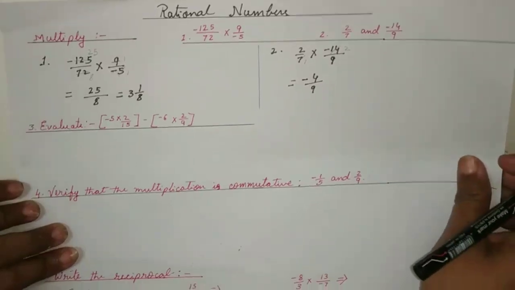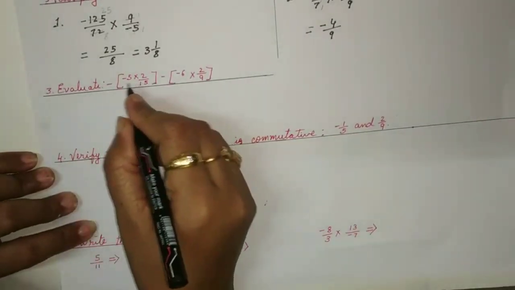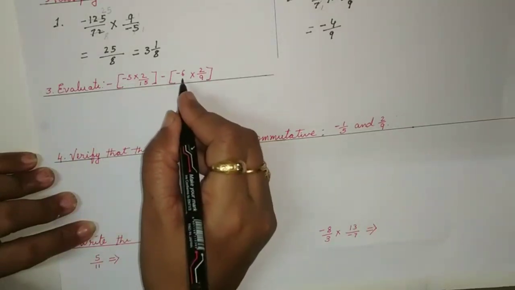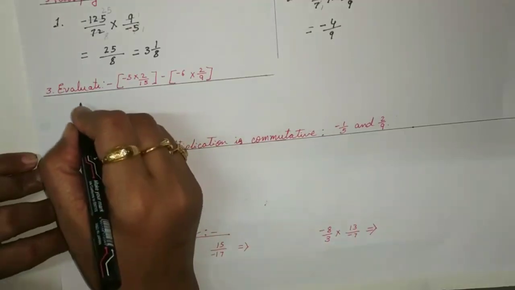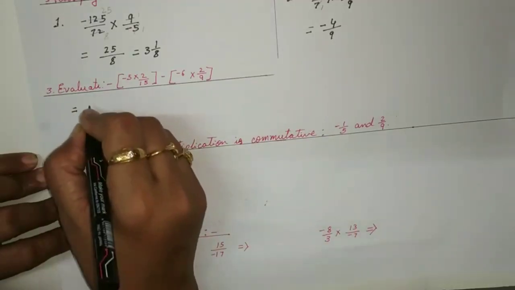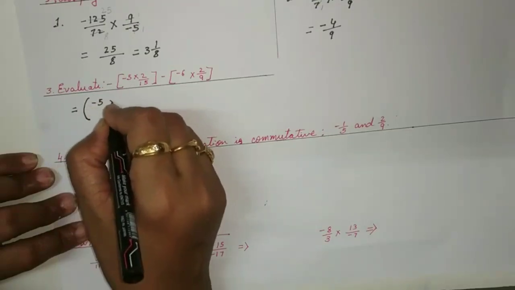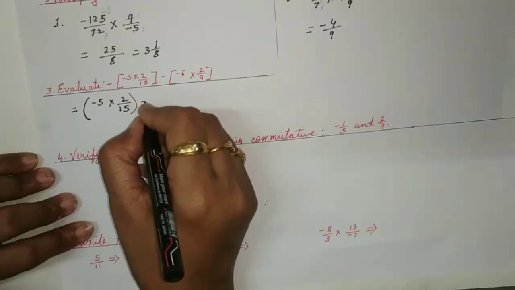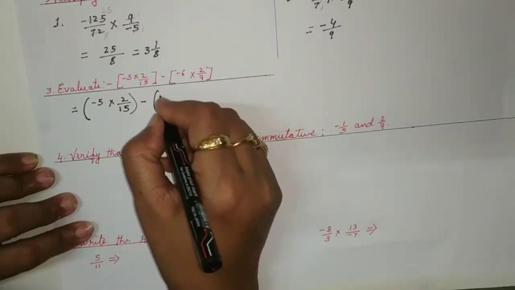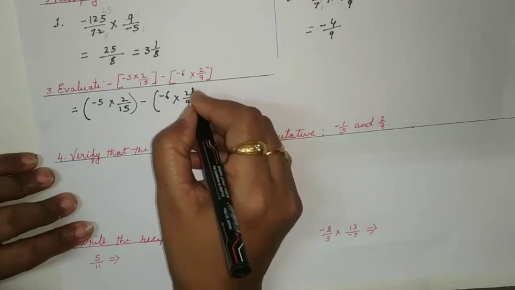So the next question is evaluate, and you have two rational numbers multiplied, subtracted from again the product of two rational numbers. So your method is the first fraction minus 5 into 2 by 15 minus the second fraction minus 6 into 2 by 9.